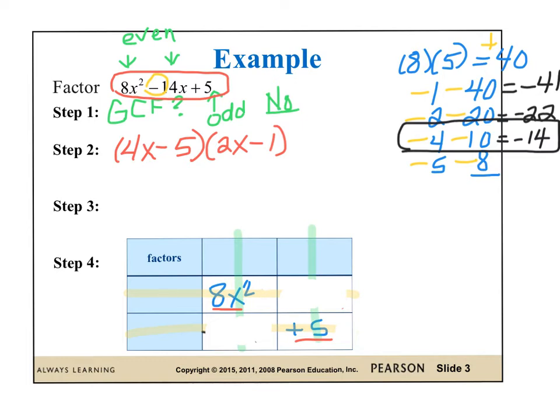So what we'll do is we'll put negative 4x in this box and negative 10x in this box, and again we'll find greatest common factors.